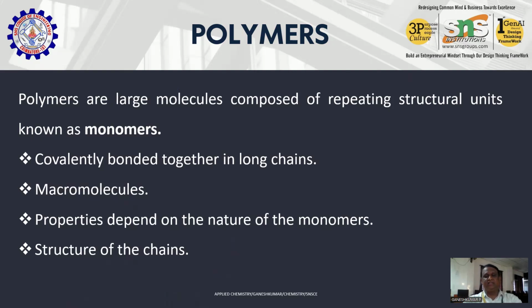Other than that, what characters do polymers have? Polymers are covalently bonded together because the chains are linked by covalent bonds so that it extends into a large chain. And obviously, a polymer is a macromolecule. The properties depend on the properties of the monomers.